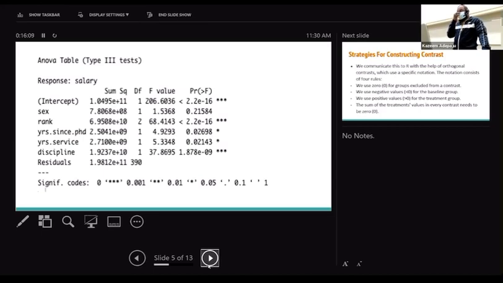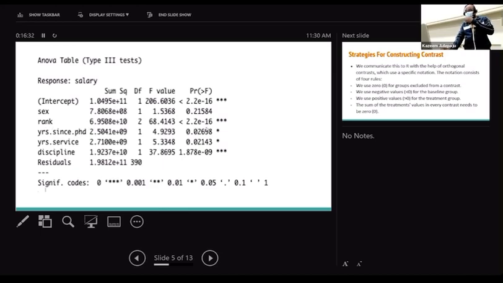So at the end of the day, this is what we have. Rank is significant because we're interested in rank. Our contrast was built around rank, right? The reason we want to proceed to further analysis is because we realize that rank was significant. Look at that.